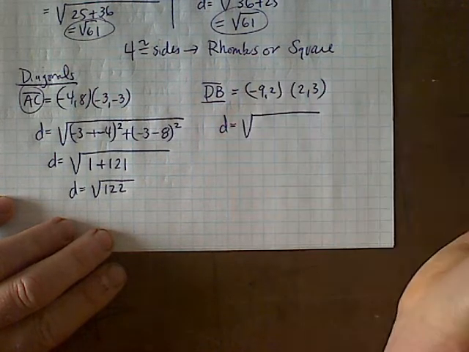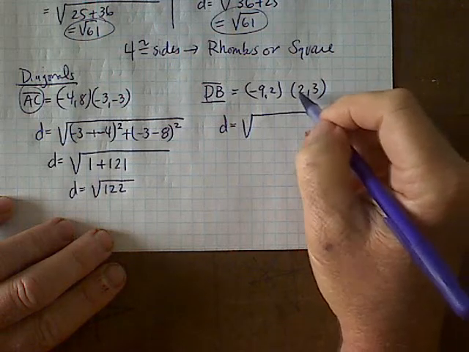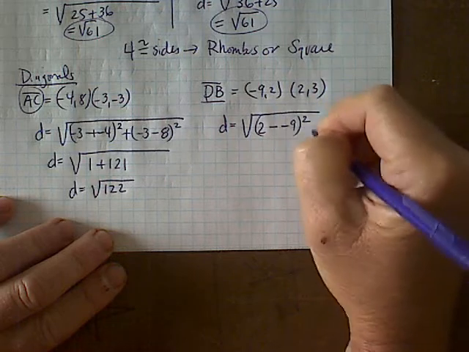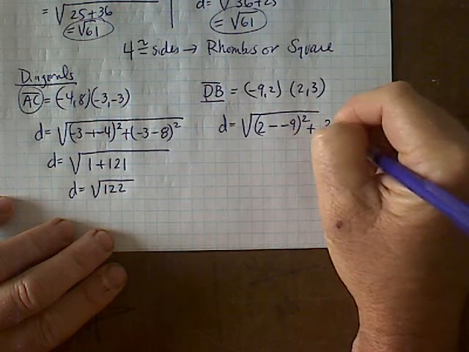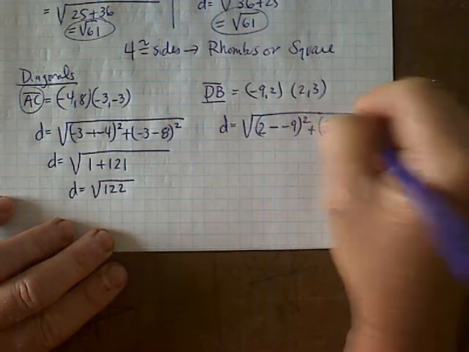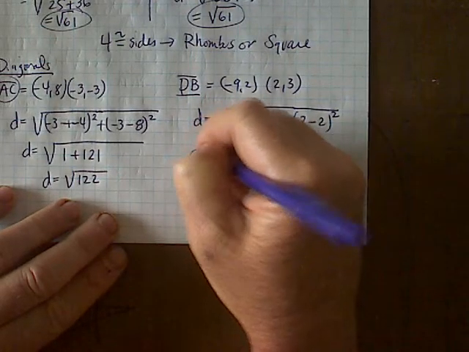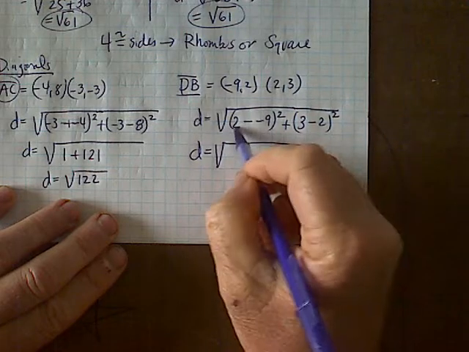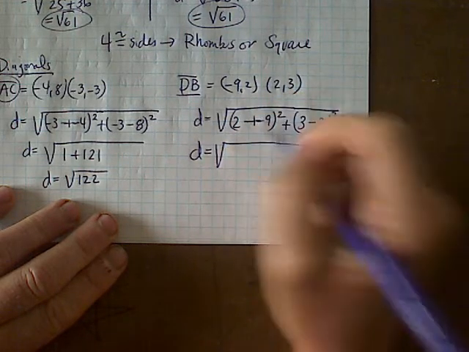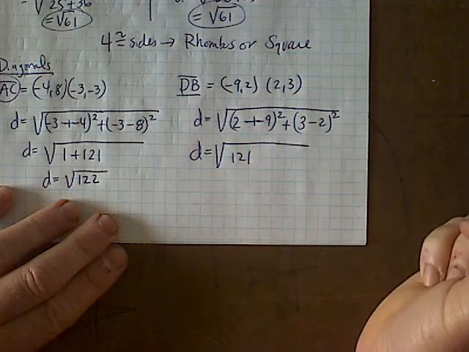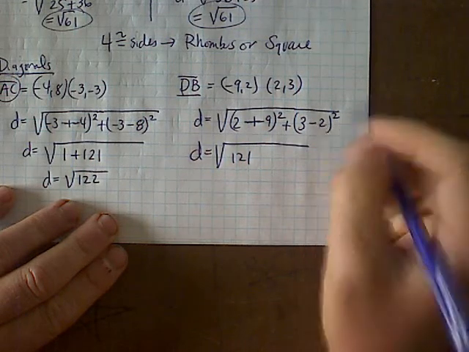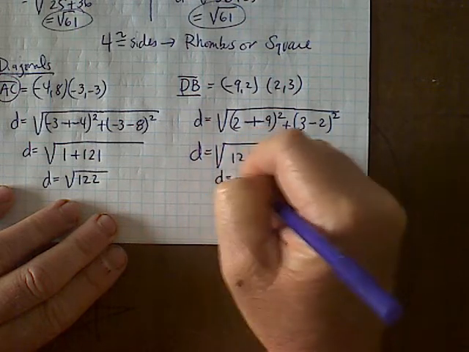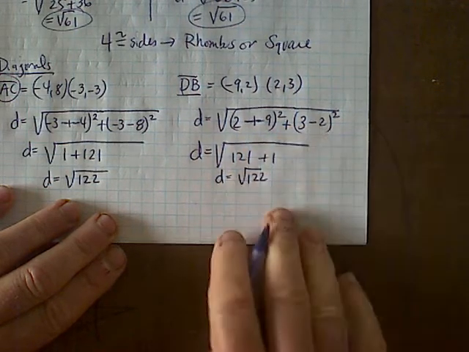Distance equals the big square root of x2 minus x1 squared plus y2 minus y1 squared. Distance equals, you've got 2 minus minus turns to plus, that's 11 squared, 121. 3 minus 2 is 1, 1 squared is 1. So 121 plus 1, again the distance is the square root of 122.